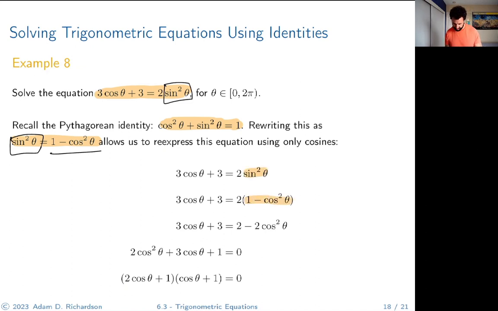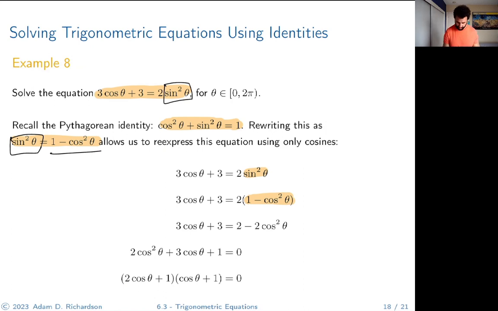Replace sine squared theta with 1 minus cosine squared theta. And now in this equation, we only have cosines, which could be handy because maybe this will become a quadratic equation in cosine, or maybe it'll become a linear equation in cosine, or maybe it'll become a cubic equation in cosine. And we can solve it using other techniques that we have. That's exactly what we're going to do now.